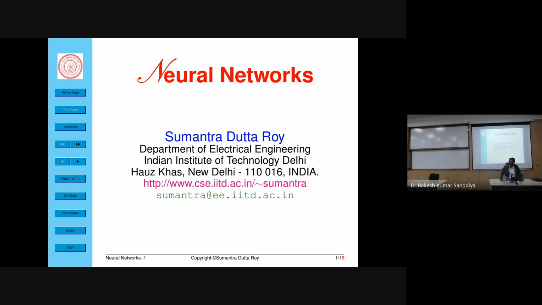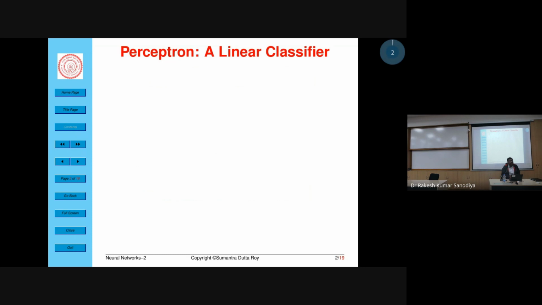Here, I'll just try to cover some very basic components, some of which will typically not be there in textbooks, but I found useful to understand the topic myself. There'll be a bit of history, a bit of fun, a bit of intuition. So the story actually starts with a perceptron. A perceptron, as we know it, is a linear classifier.